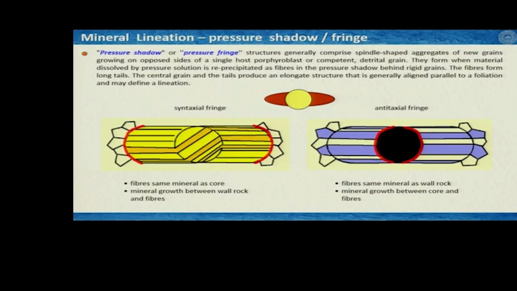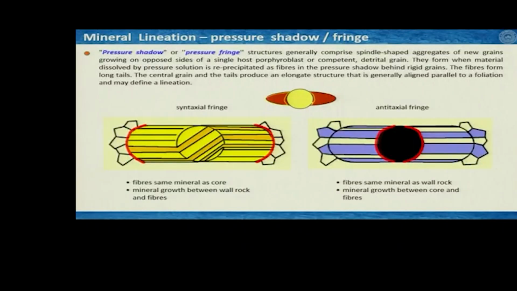Now, we will see the mineral lineation in a different way as well, not necessarily that they are oriented or grow along the directions. Sometimes what happens, if you have a pre-existing clast, the clast is not deformed, but because of the deformation the clast is rigid, and around this clast two little caps on the two opposite sides do form, and these are known as pressure shadows.